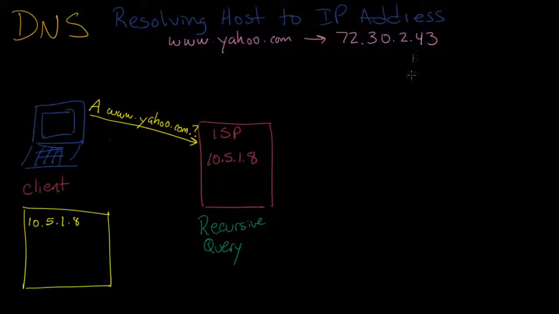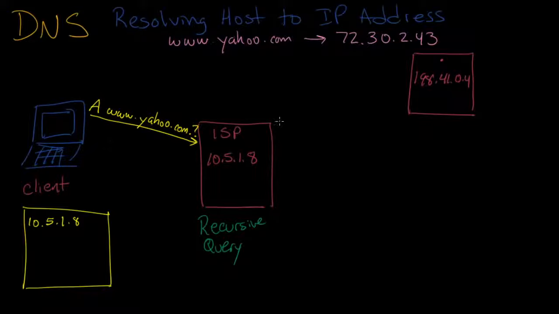That someone else is going to be a DNS server for the top level root zone. Let's say its IP address is 198.41.0.4, which is an actual IP address of one of the root DNS servers.